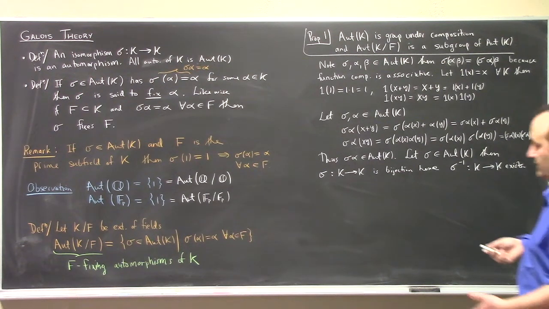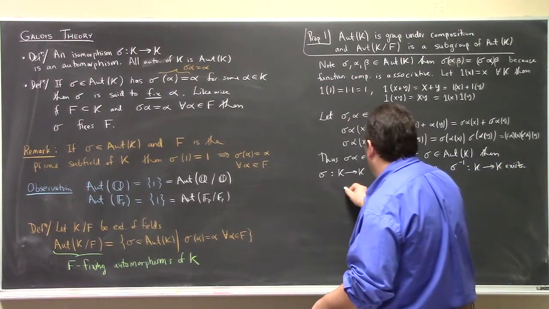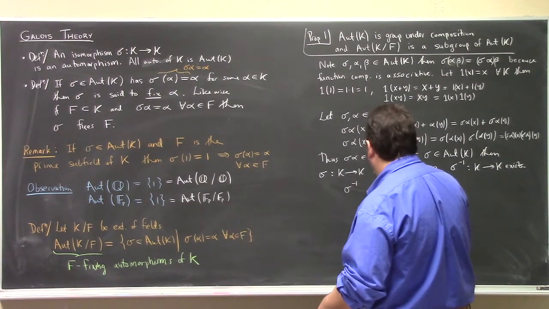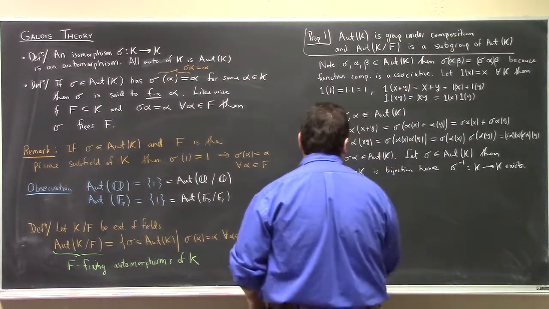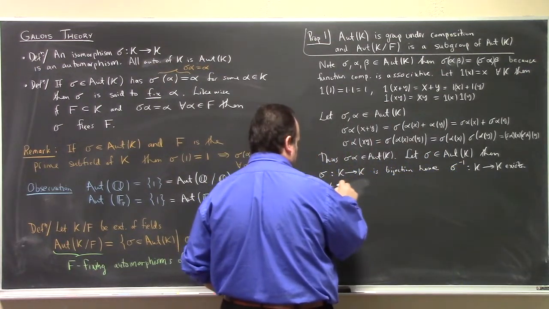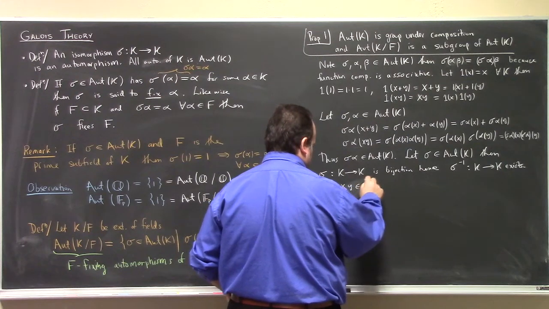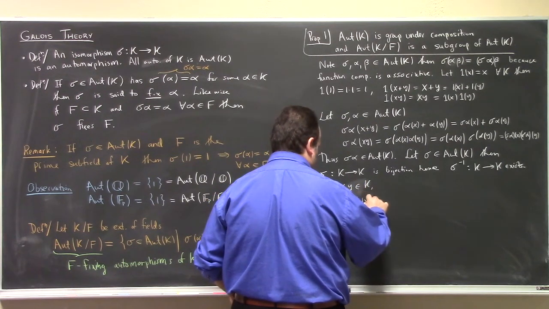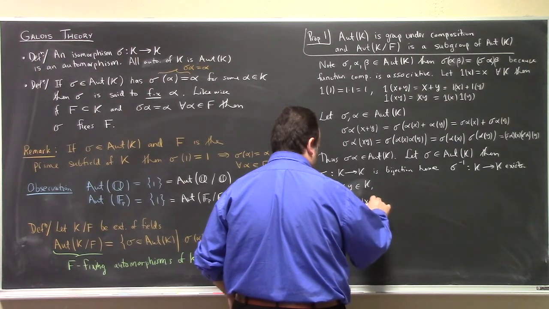Well, let x and y. We have to show sigma inverse is additive. But it's still not from K to K. You just go from the codomain to the domain. And if those two are equal, then don't you just get it automatically?